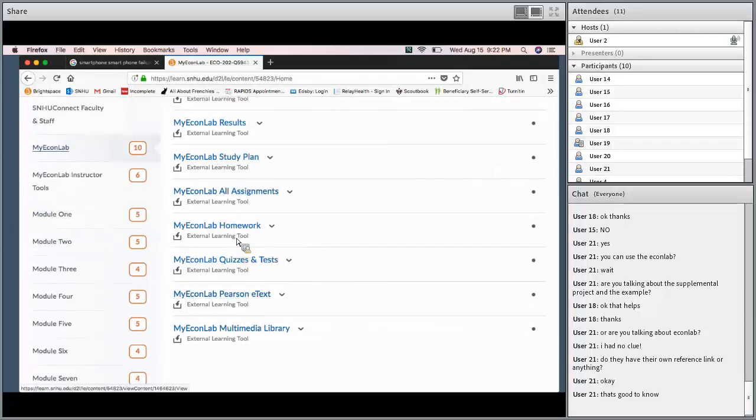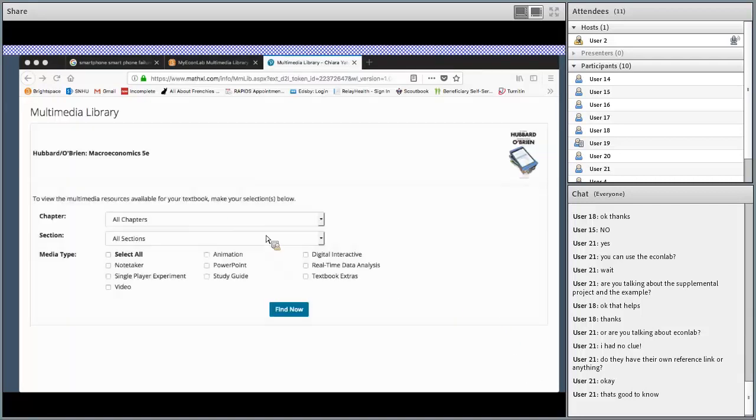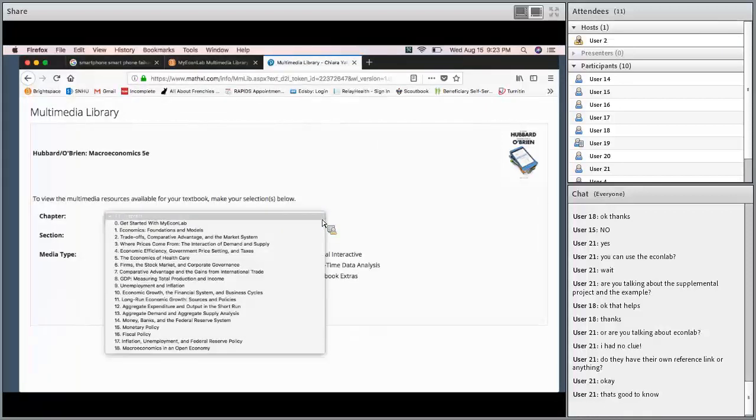So this is when you go on My Econ Lab in Brightspace, and you can find the Multimedia Library. You scroll to the bottom and go on the Multimedia Library, which is very slow loading right now for me. Okay, it made it. See, it says all chapters and all sections.